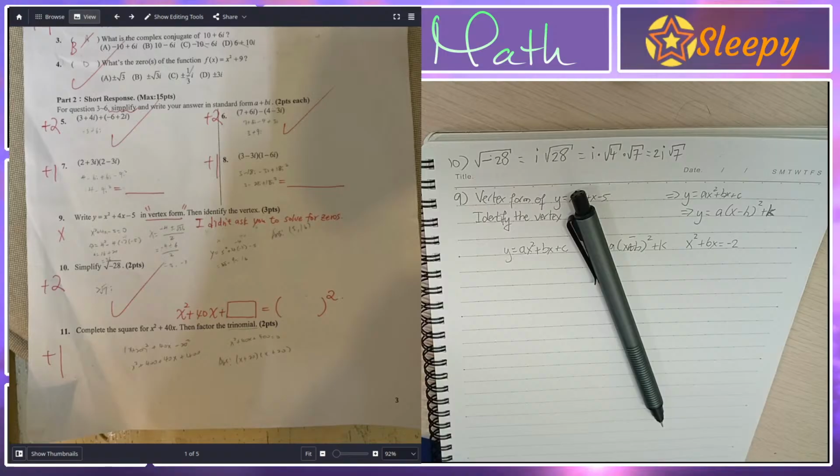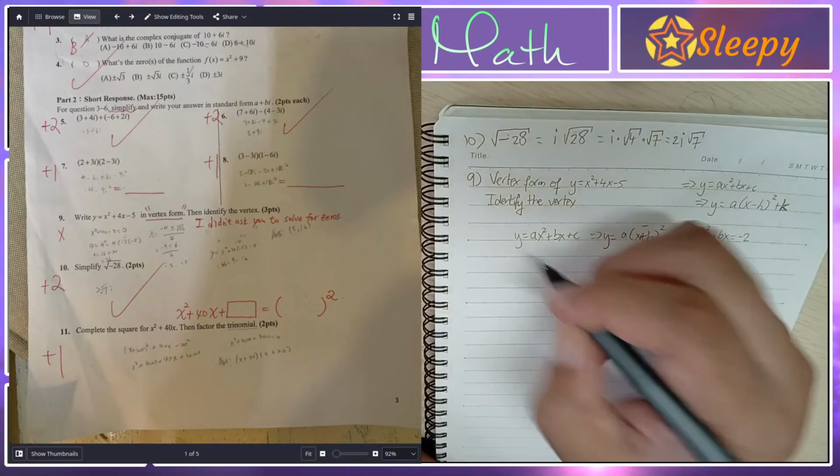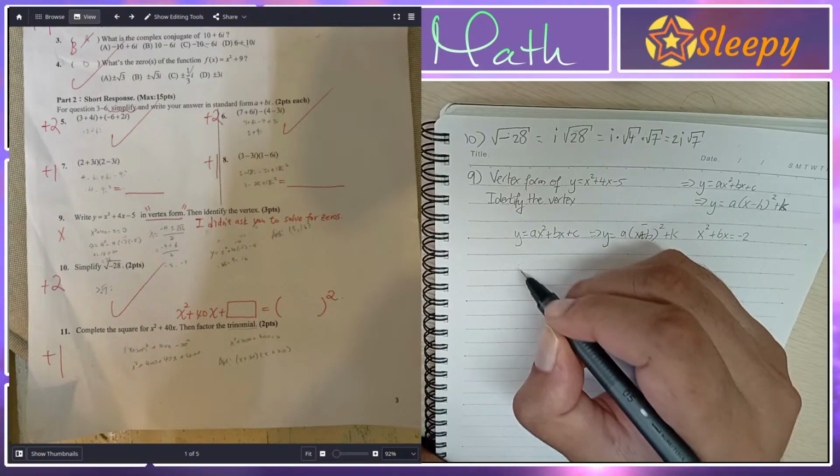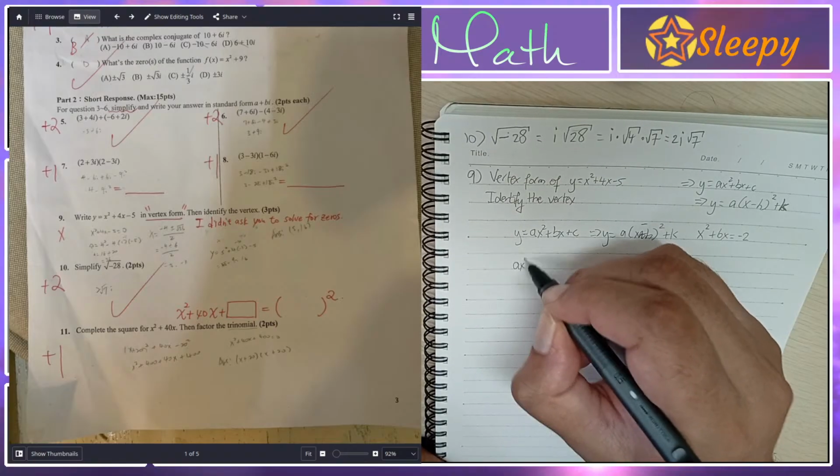See that? So they say ax squared plus bx plus c is y.